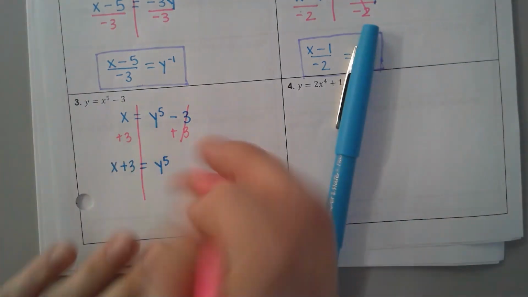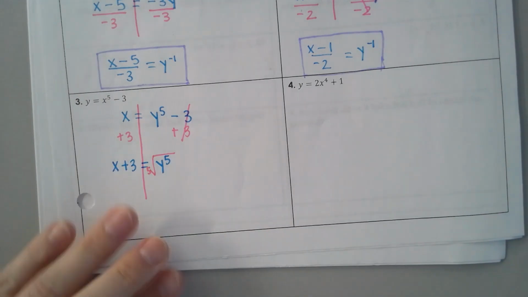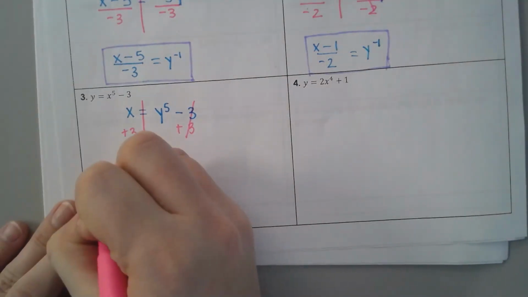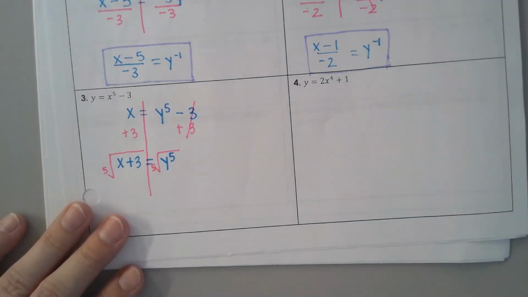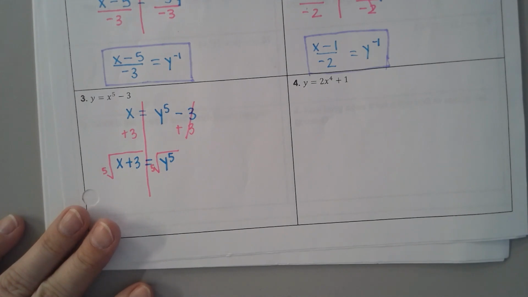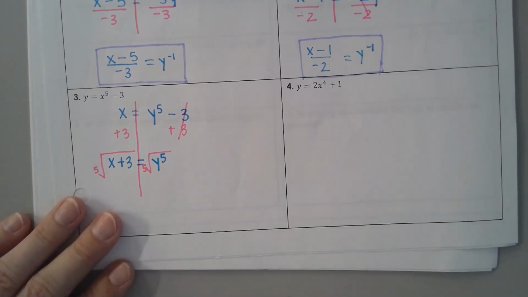It's basically a square root symbol with a little 5, and that gets rid of the exponent of 5. Like if we had x squared, to get rid of the squared we did the square root. We've practiced that. So now we have a 5, we do the 5th root.